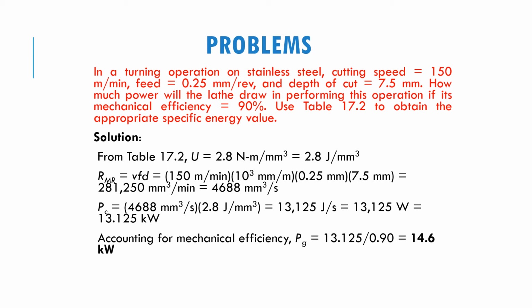So meaning that in this question, they want the gross power. You have to understand, because they want how much power the lathe will draw. Since the E is given, they want the PG, right?